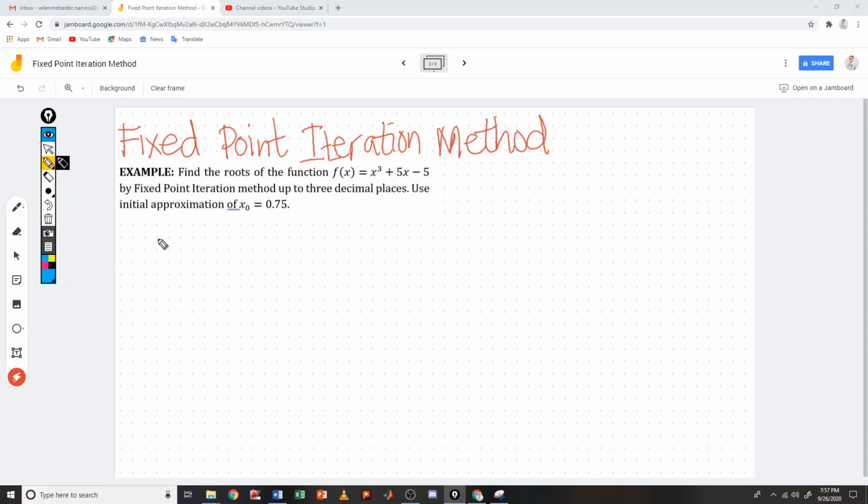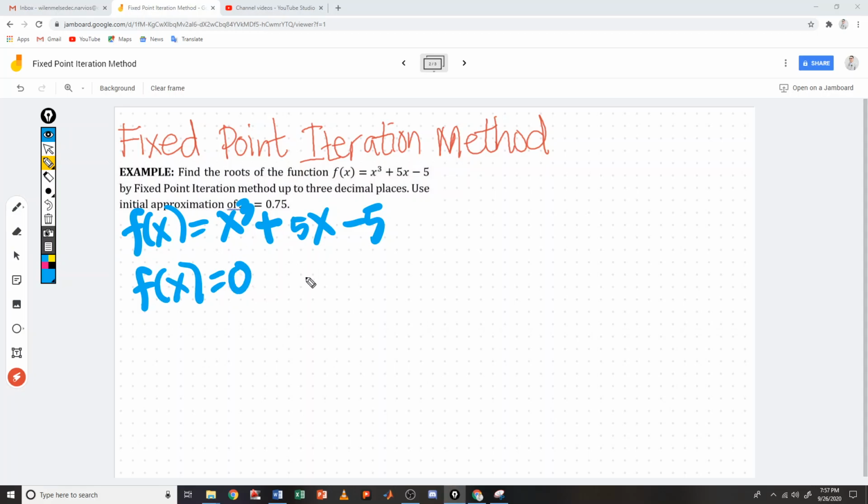So if that is the function, we will set f(x) equal to 0. Therefore, our equation will be x^3 + 5x - 5 = 0.